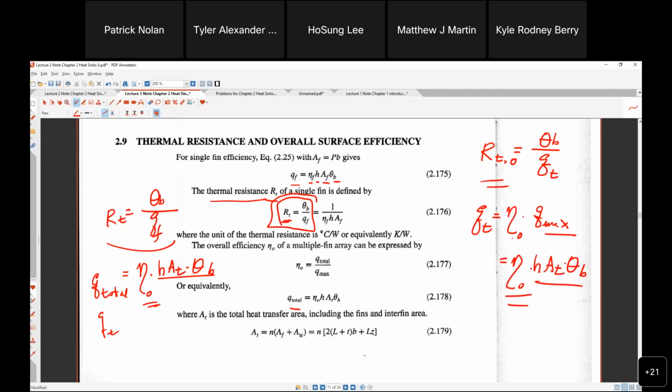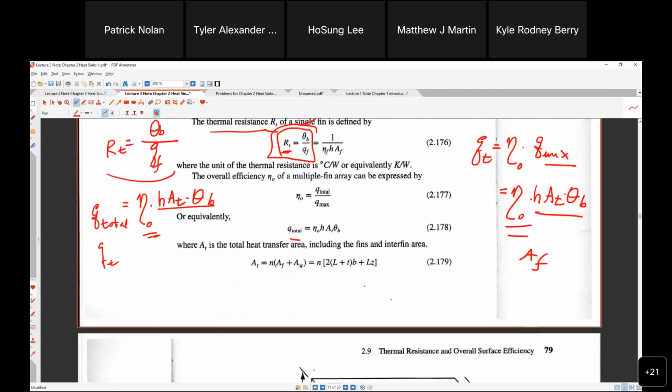So once you have a single fin efficiency and the single fin area, I'm telling you, the overall efficiency is 1 minus N times (1 minus single fin efficiency) times A_f over A_T.